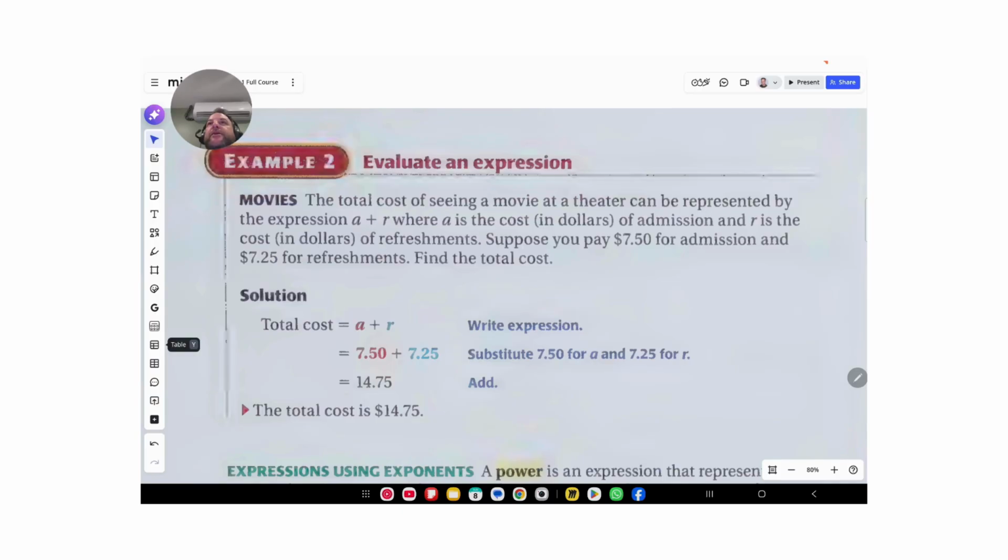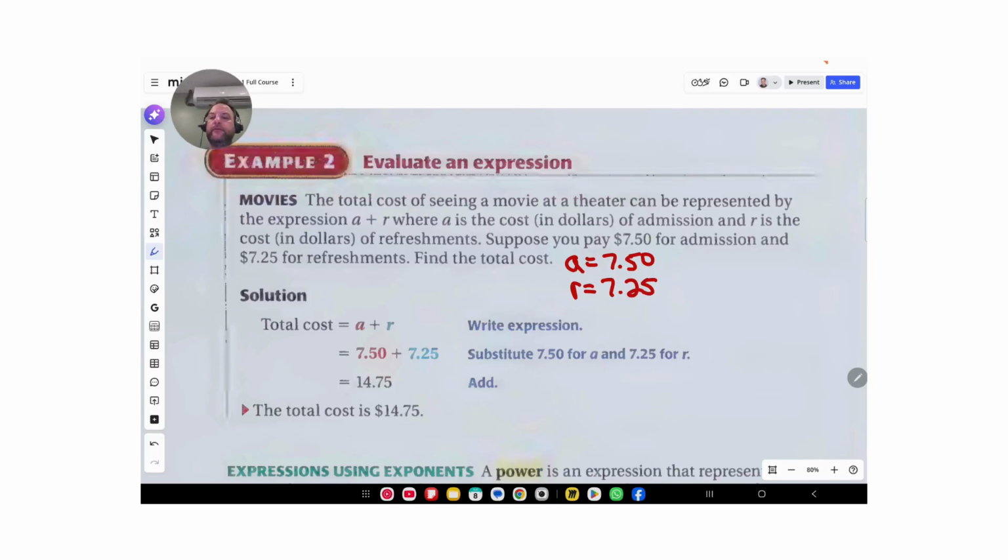All right, so we're translating English into math. We're setting it up. So we have A equals 7.50, and R equals 7.25.